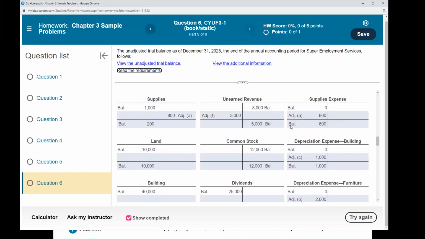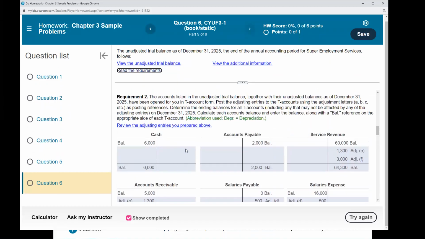Up here, we didn't have any adjustments for cash or payables, but for service revenue, we had two adjustments, right? We had 3,000 and 1,300. So in the credit column for the adjustments on that worksheet, we would want to total those two up to be 4,300 and put that in the adjustment column for the worksheet.